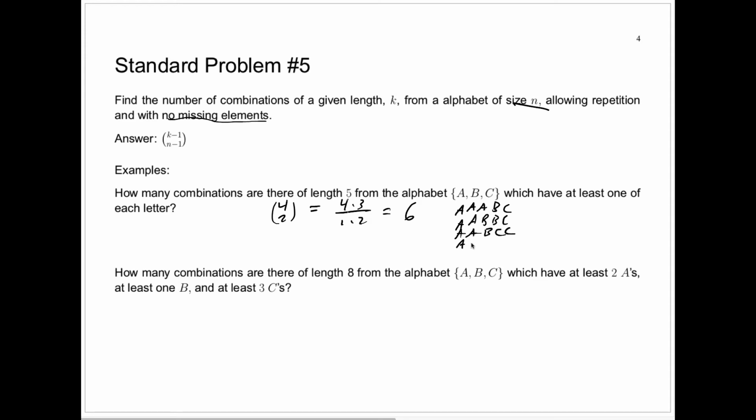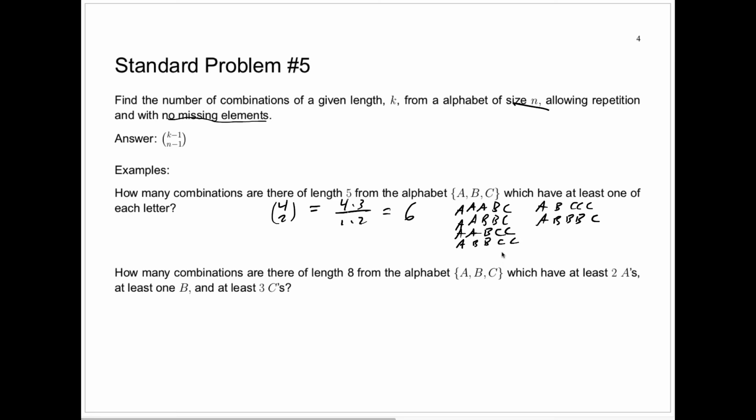Or 1 A, 2 B's and 2 C's, or 1 A, a single B and 3 C's. Or what might you have? 1 A, 3 B's and 1 C. Try to think about it, and you'll find these are all of the different combinations that include every letter at least once.